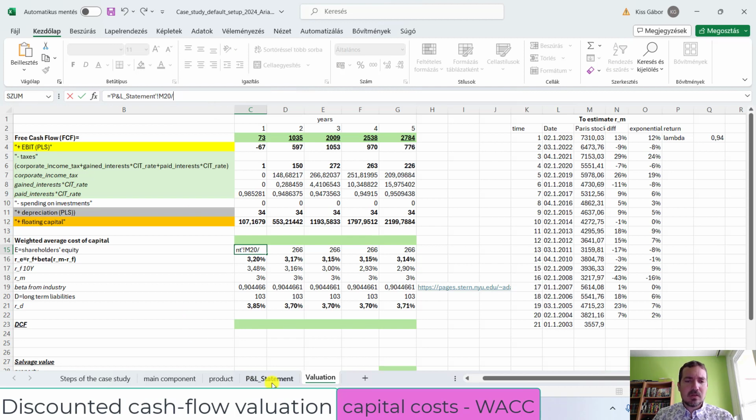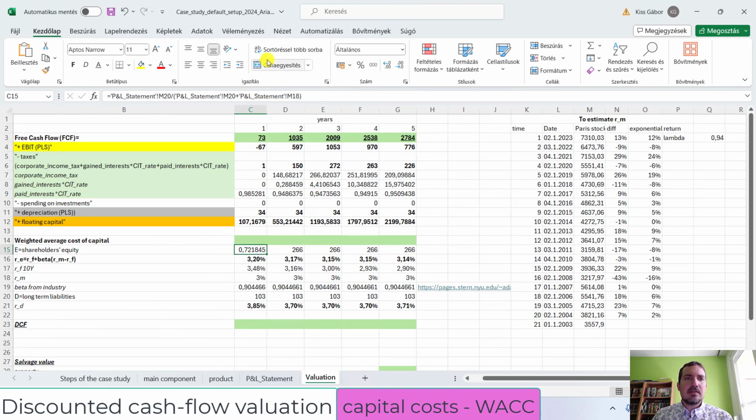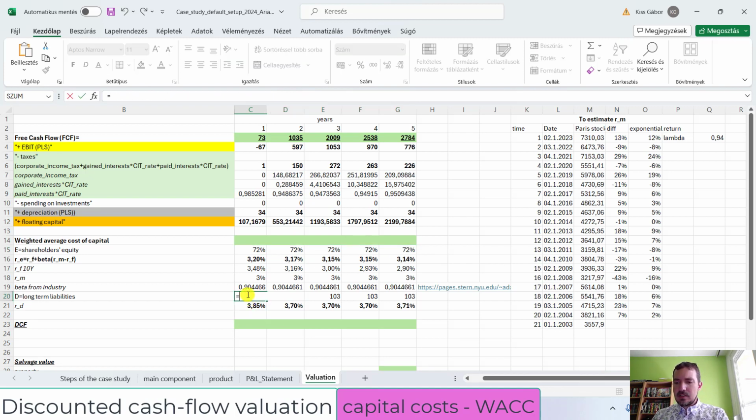Plus the debt, and in this case we can see we are using such amount of percentage, and in this case we can just say that one minus this one.